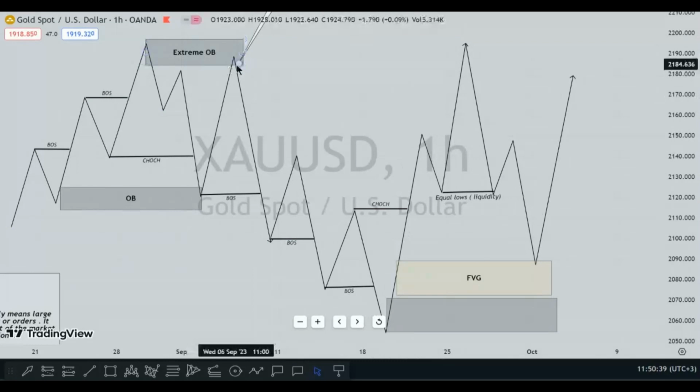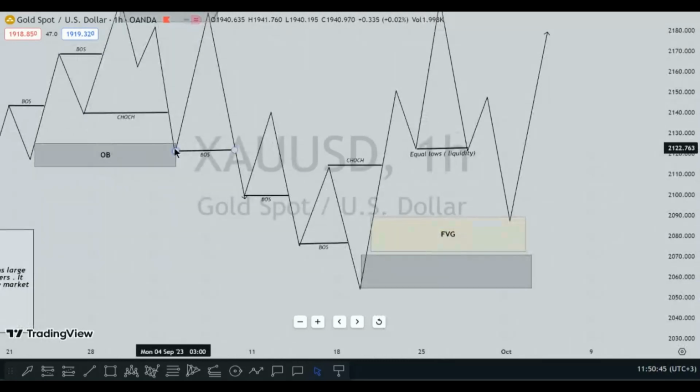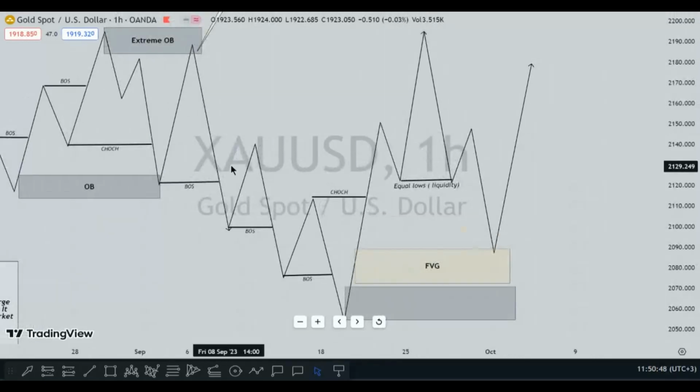Now, after price mitigated this extreme order block, it went down and broke this structure. This one will become our higher low. This one becomes our lower low.